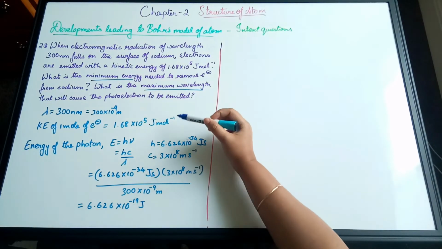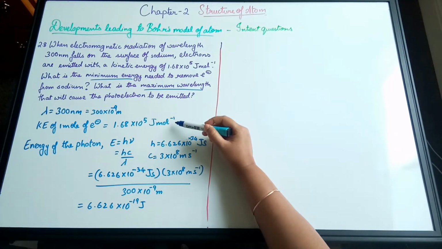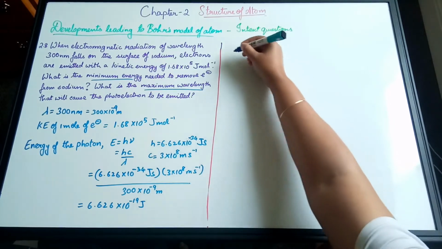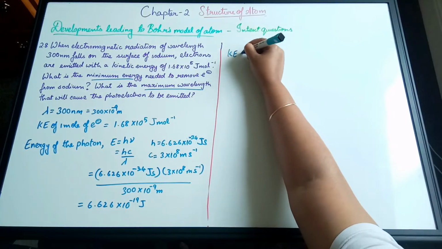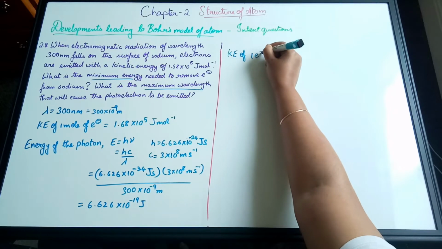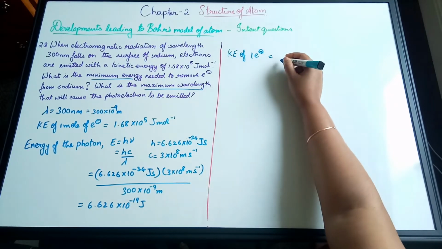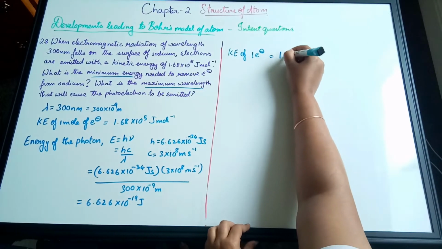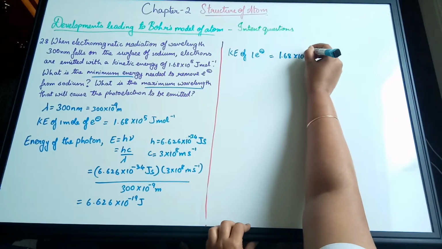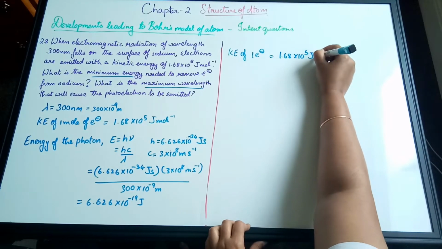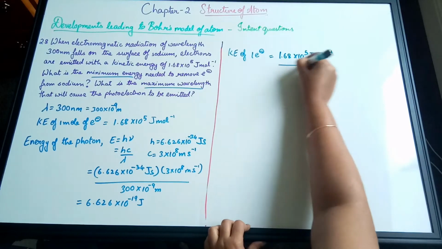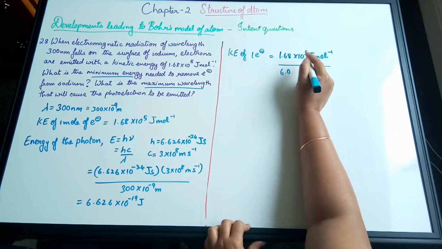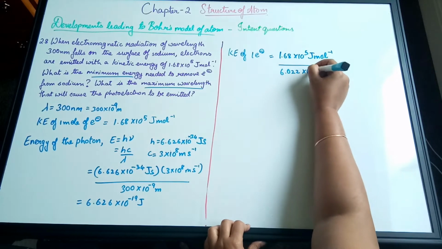Next, we've been given kinetic energy of 1 mole of electron equals to 1.68 into 10 to the power 5 joules per mole. Then kinetic energy of 1 electron will be 1.68 into 10 to the power 5 joules per mole divided by 6.022 into 10 to the power 23.